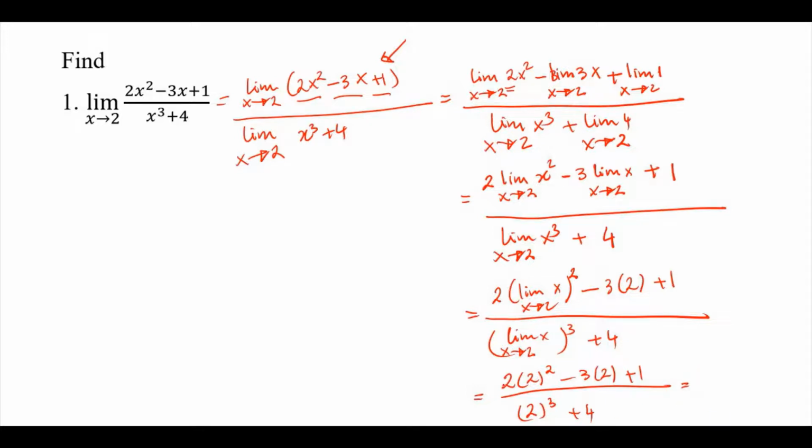So we will have 4 times 2 is 8, minus 6 is 2, plus 1 is 3, over 2 cubed is 8, plus 4 is 12. Reduce that, you'll get 1 over 4. So the final answer for this limit is equal to 1/4.